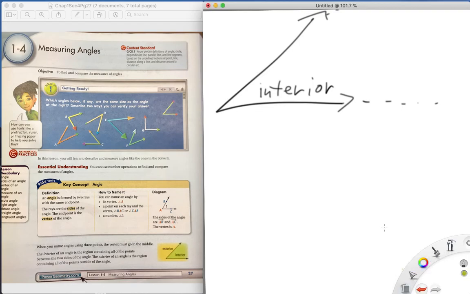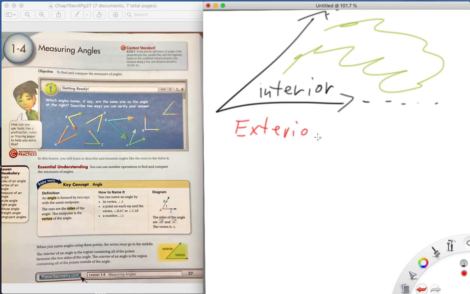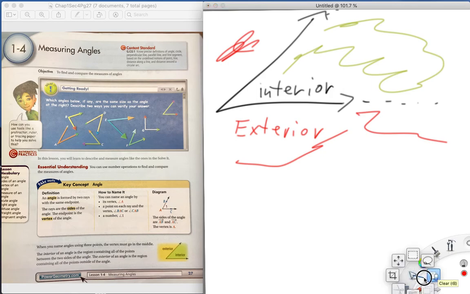So this whole thing in here would be the interior. All the points that are outside of the rays are called the exterior. Interior, exterior of the rays.